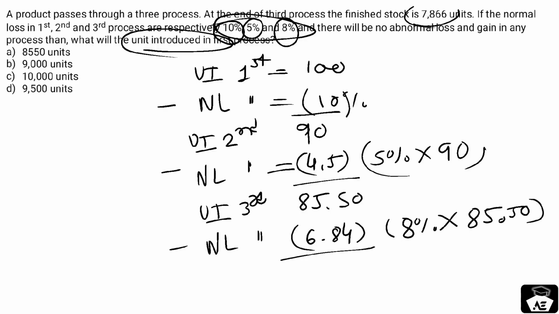So you will get the output figure is 78.66. This is your finished stock, or you can say output in third process. This is your finished stock.